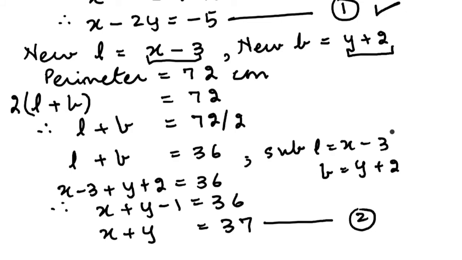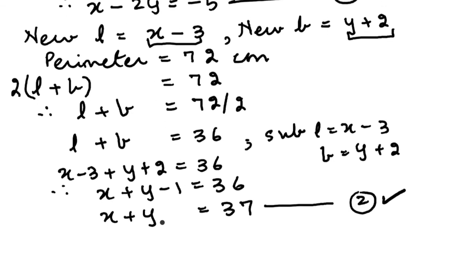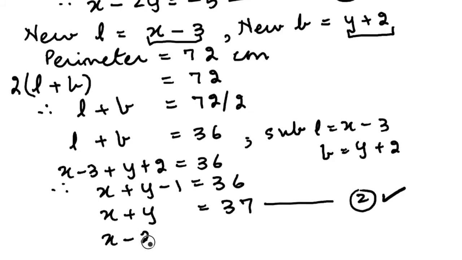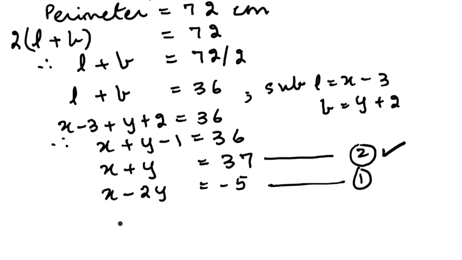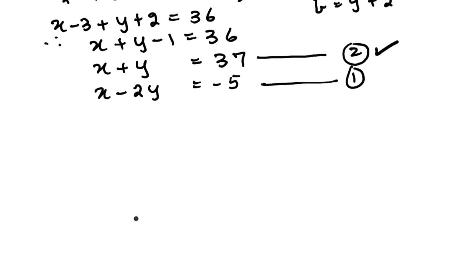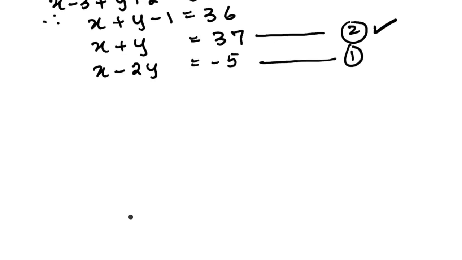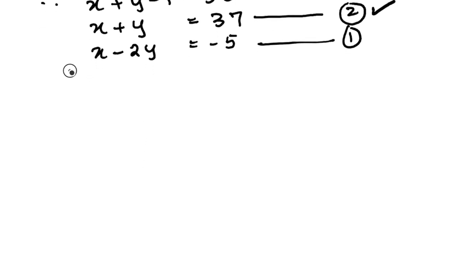Now our first equation is here, second equation is also here. So we will copy the first equation below this. x minus 2y is equal to minus 5. This is our first equation. Now these are the simultaneous equations. Our simultaneous equations can be solved by the elimination method, very fast and easy.